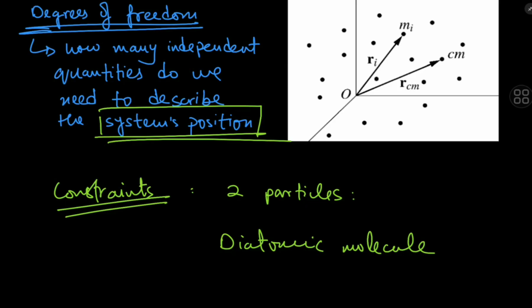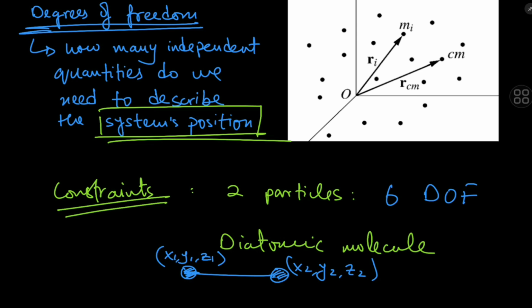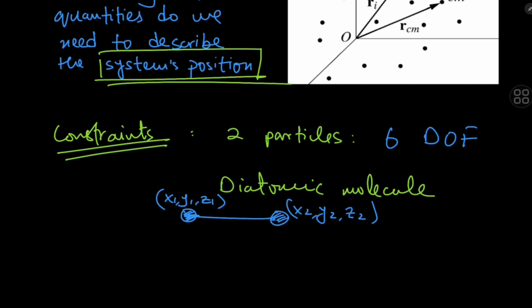The number of degrees of freedom of a system also depends on the constraints the system is facing. For example, if you have a system consisting of 2 particles, then this system has 6 degrees of freedom. But what if those 2 particles are bound together in a diatomic molecule? In that case, we see that the coordinates of the 2 particles are related by some distance function.